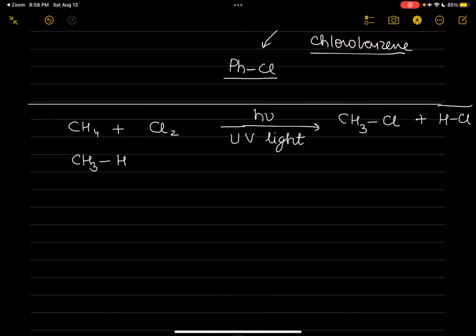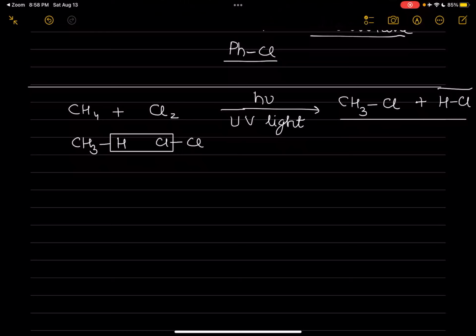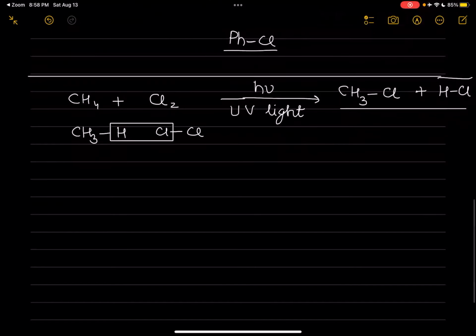And the quick way to do it is, just remove HCl and join CH3 and Cl together. Clear? Yes, sir. So this method for preparation of alkyl halide is known as, you are using light, you are using the photons, the particles of light are known as photons, which are the carrier of energy.